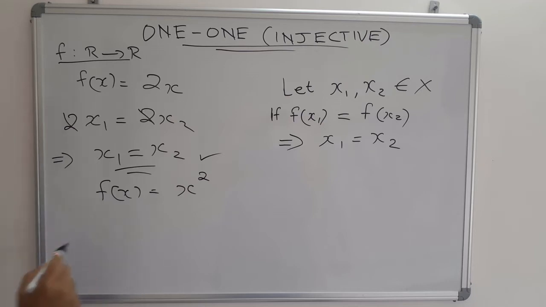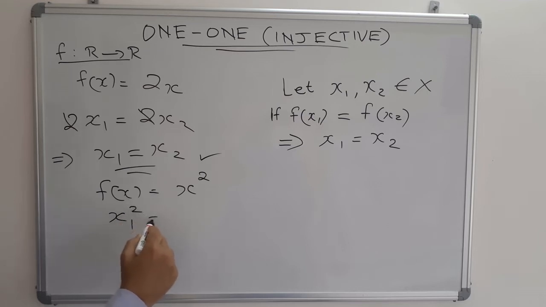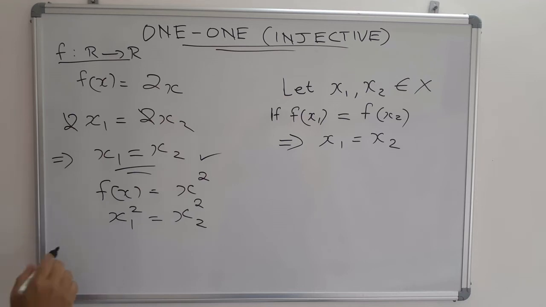So what is f of x1 and f of x2? I can write x1 square equal to x2 square. So here I have written f of x1 equal to f of x2. And what does that imply? x1 square equal to x2 square. Will it imply that x1 equal to x2? No, because the square can come from a positive or negative number.